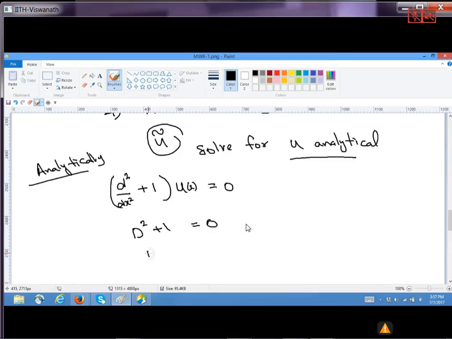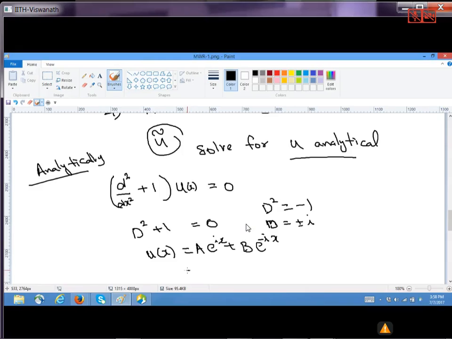Then d squared is equal to minus 1, so D is equal to plus or minus i. Then we get our general solution u of x equals c1 e to the power of ix plus c2 e to the power of minus ix.